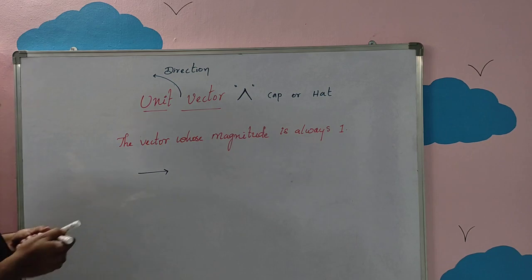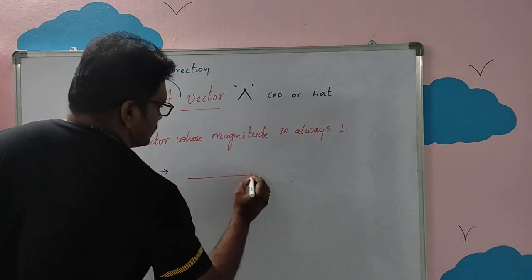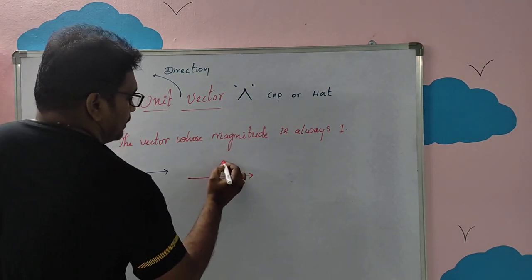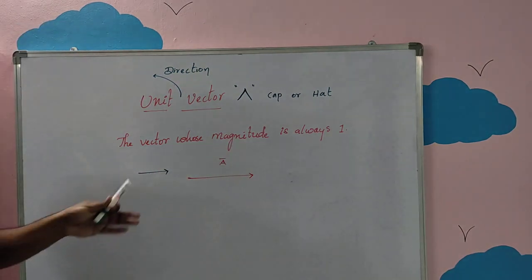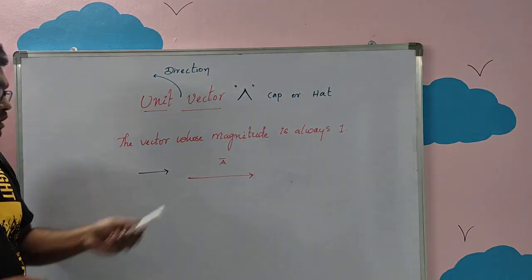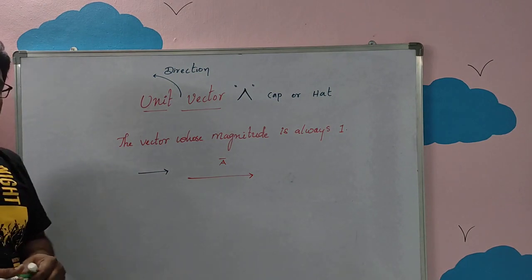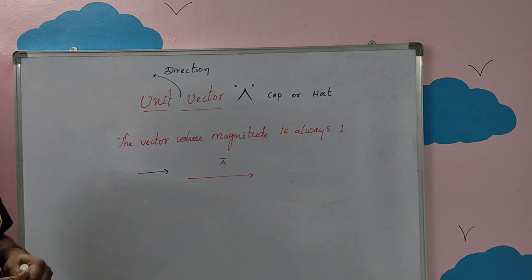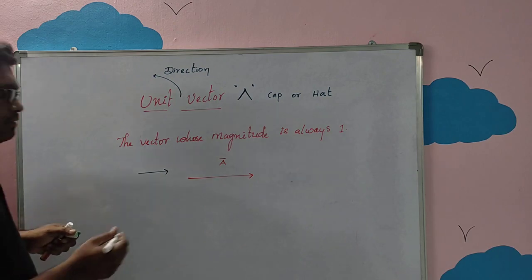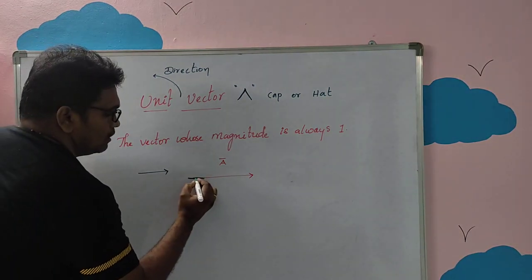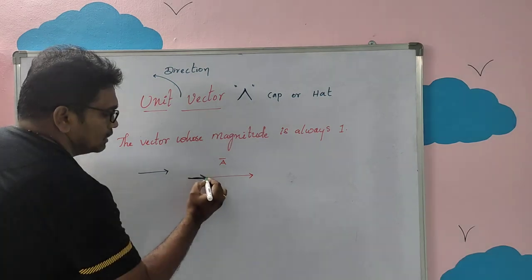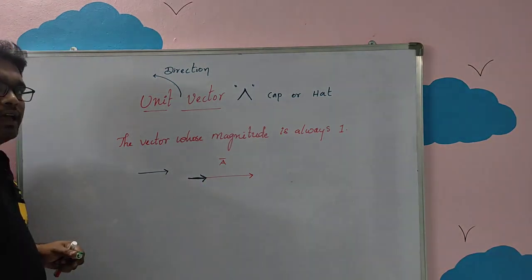But let us take one example here. Say this is a vector A. Now if I want to explain this vector A in the form of unit vectors, I will draw a unit vector. See here, still I am using an arrow.